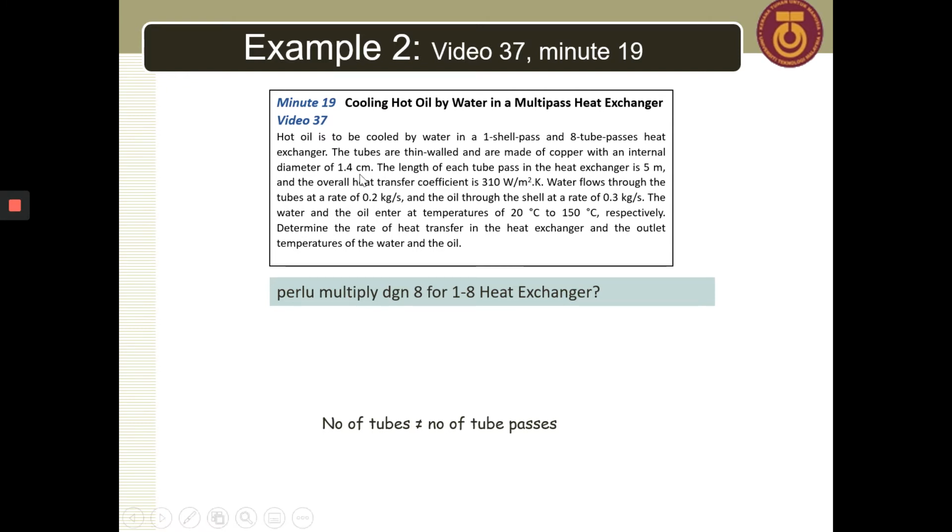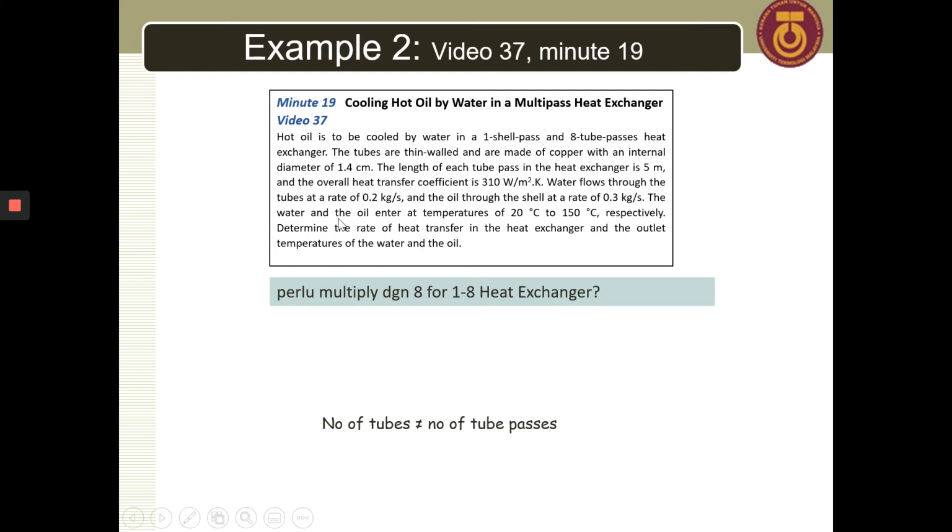The diameter given is 1.4 and the length of each tube pass is 5 meter. The overall coefficient U is 310 and 10. Water is the cooling fluid, flowing through the tubes at a rate of 0.2 kilogram per second. Oil as the heating fluid flows in the shell at a rate of 0.3 kilogram per second.